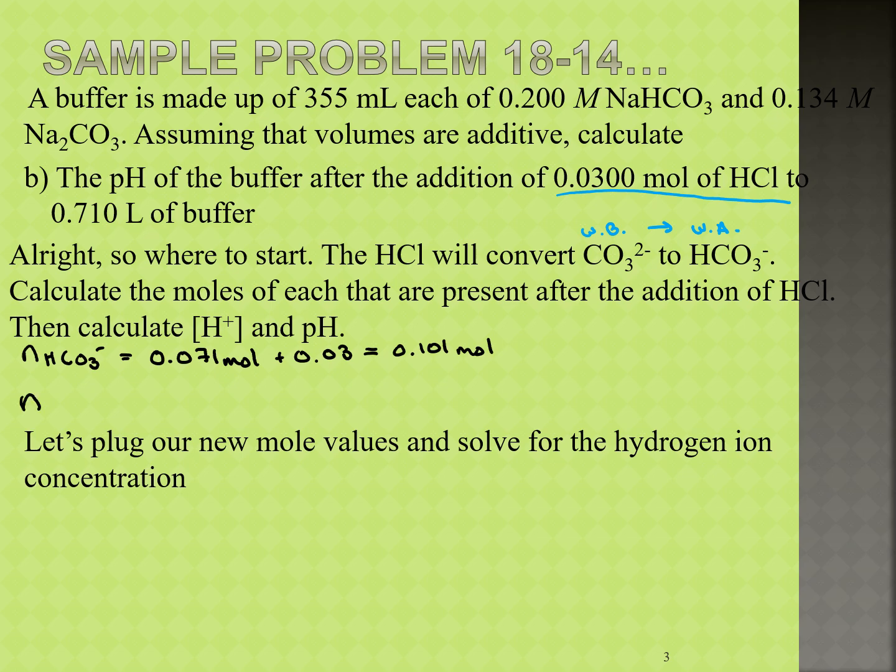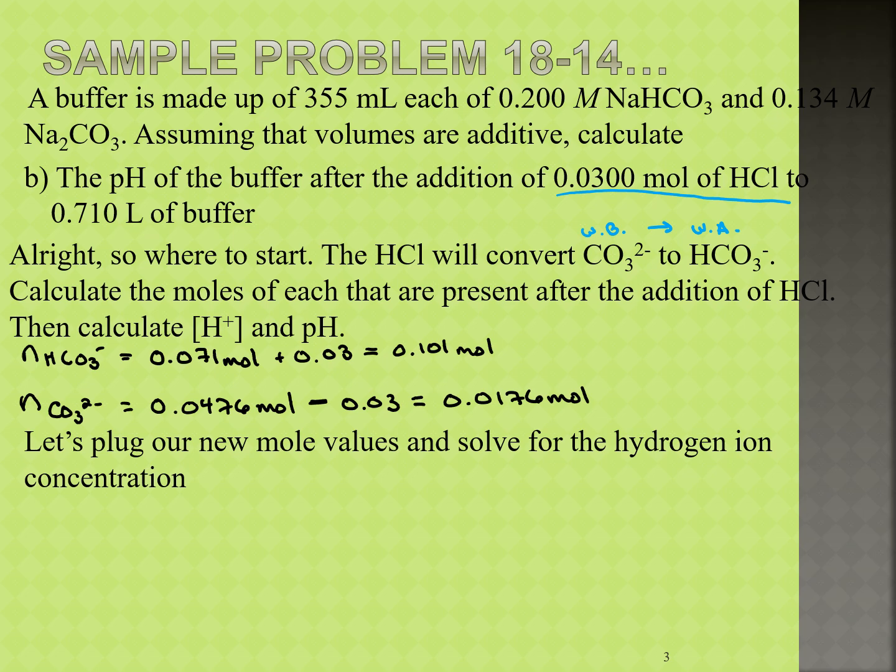Now we're going to find the moles of our carbonate. Well, we started with 0.0476 moles of it. It is going down by 0.03 moles because we're adding acid and the acid is reacting with that. And so we end up with 0.0176 moles of that.